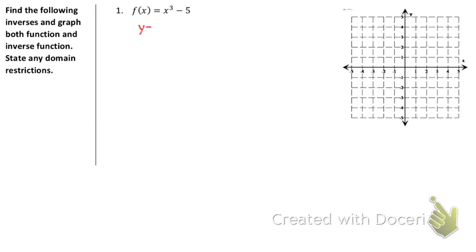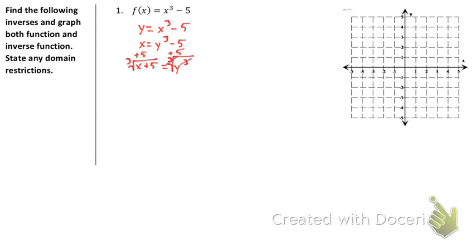So it turns into y equals x to the third minus 5. Switch the x and y. And now solve for y. So we're going to add 5. And we're going to get rid of the power of 3 by doing radical 3 to both sides.